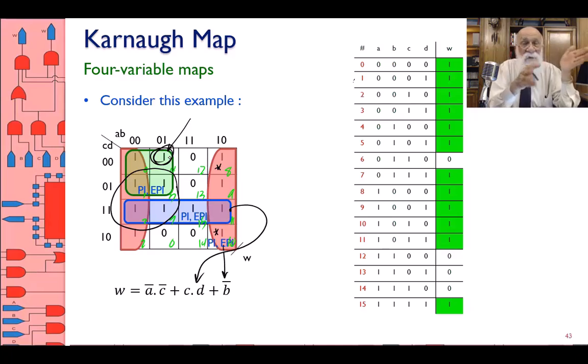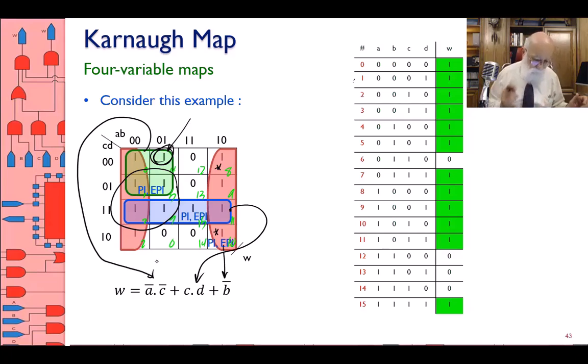Well, you see that nobody else covers that. No other prime implicant covers it. And therefore, that one alone is enough to make my A bar, C bar map an essential one. And therefore, I write it as essential.